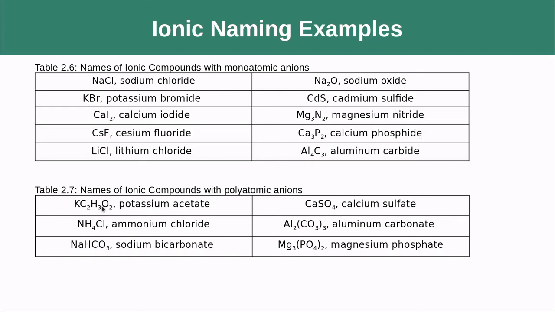Now, when we're doing polyatomics, here we have the ammonium polyatomic, so we call this ammonium, and we still change the last part, chloride, when it comes afterwards. But up here, you'll notice that when we have the acetate polyatomic bound to potassium, we call it potassium acetate. We don't change this to acetide when the polyatomic is the anion.